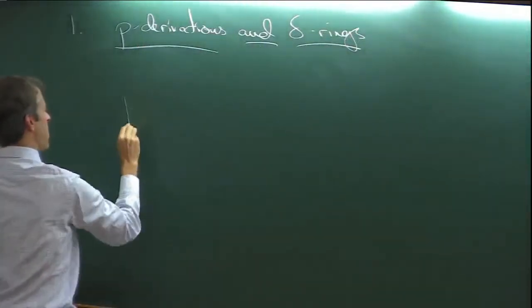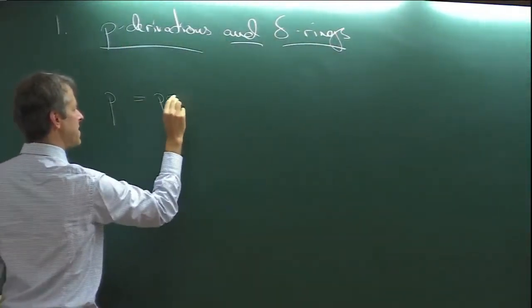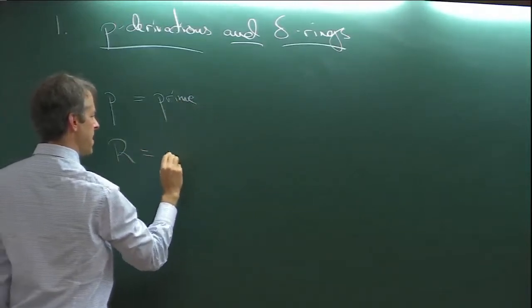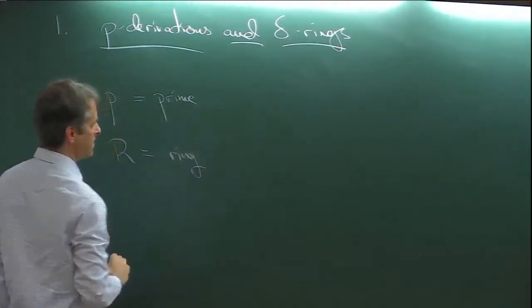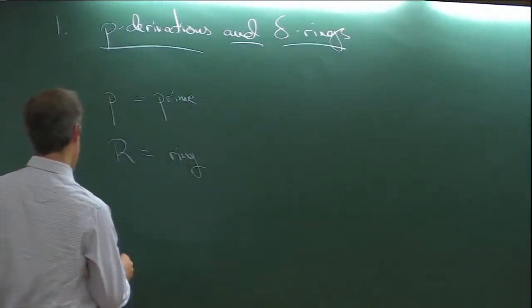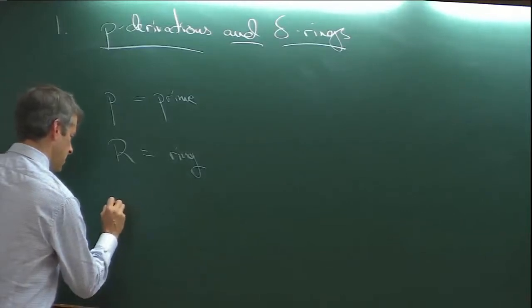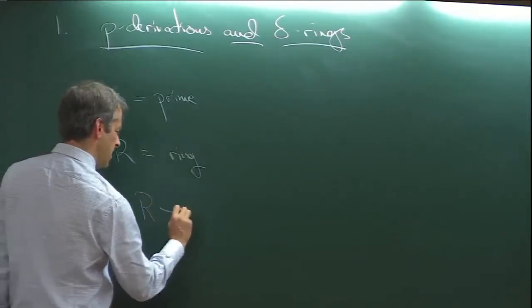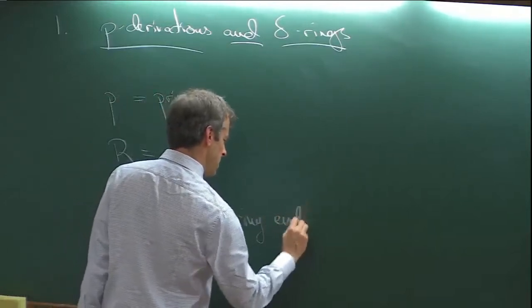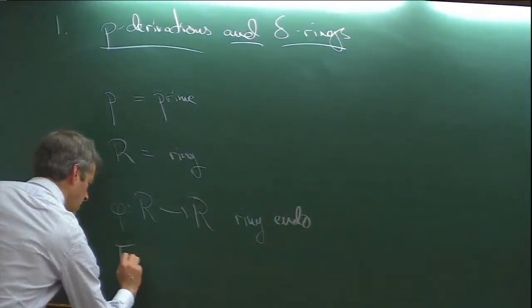Okay, so we'll fix a prime p. This will be fixed through this entire series of lectures. And R will be a ring, commutative, as always in this series of lectures. A ring endomorphism, phi from R to R, is said to be a Frobenius lift.